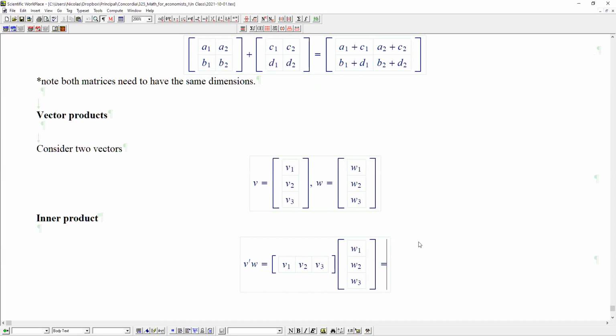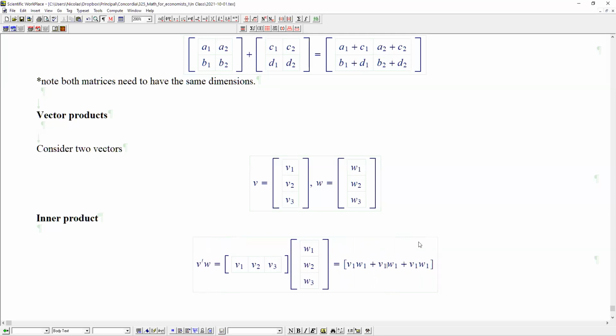So I get essentially a one by one matrix. But when we have a one by one matrix, usually we don't really care about the fact that it's a matrix, because you couldn't divide by a one by one matrix, for instance. But if it's a scalar, then you can multiply or divide by it. So it would be something like this: V1 W1 plus V2 W2 plus V3 W3.